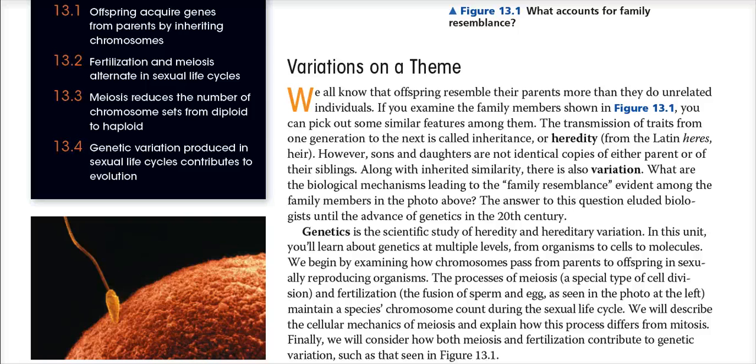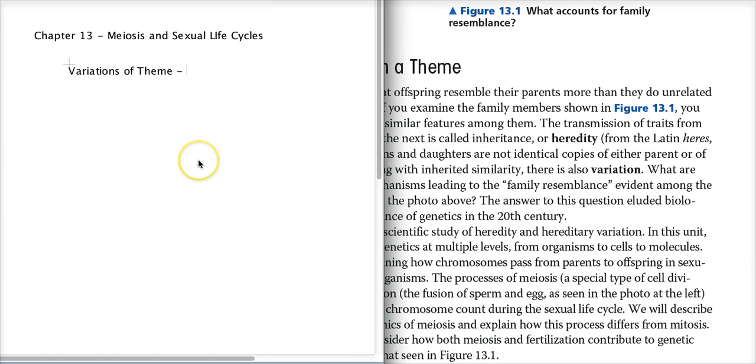It's really the concepts, the 13.1, 13.2, these things that you're really going to have to put in your own words. If you're not ready to put the vocab words in your own words yet, that's okay, because you're still learning: transmission of traits from one generation to the next is called inheritance or heredity. So I'm going to go back to my notes, okay, and variations of a theme.